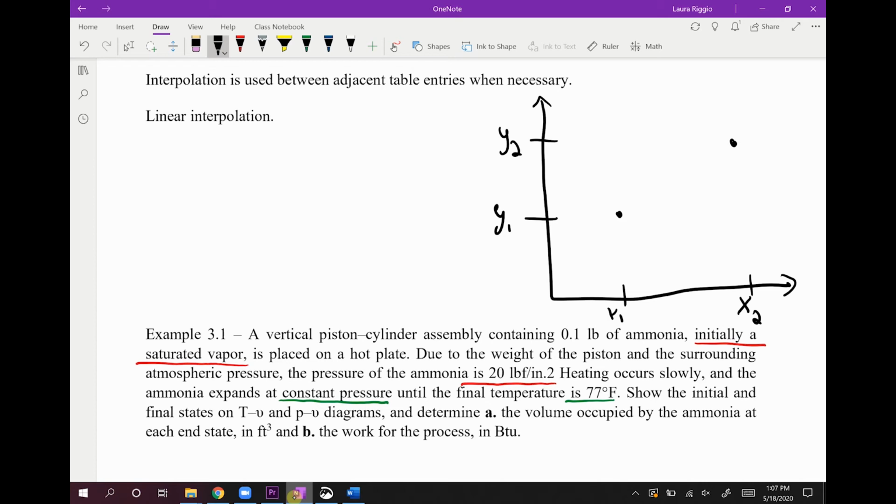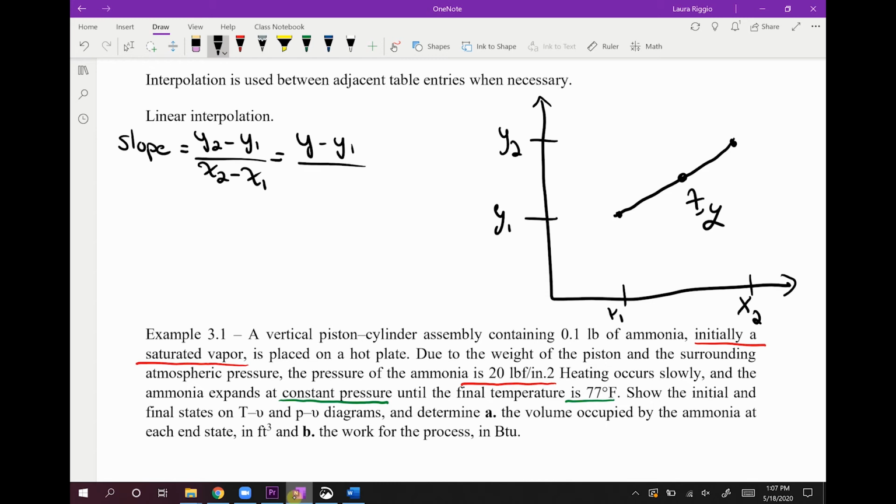If I connect them with a straight line, I can put in a point in the middle called x, y. The slope of my line is equal to y2 minus y1 over x2 minus x1, which is also equal to y minus y1 over x minus x1.